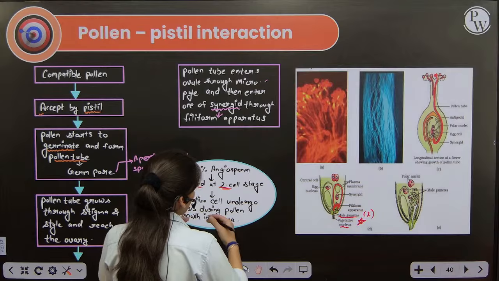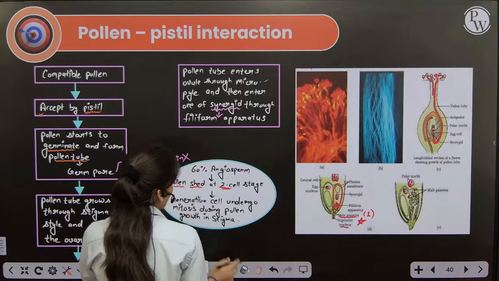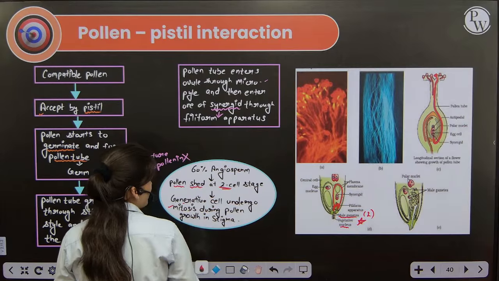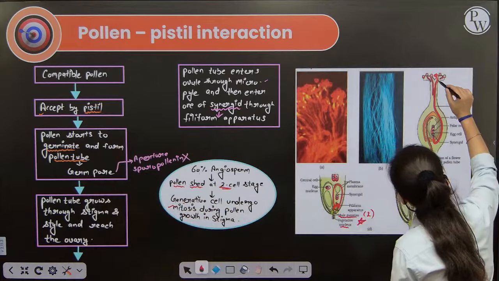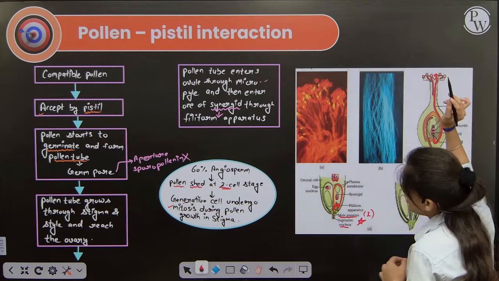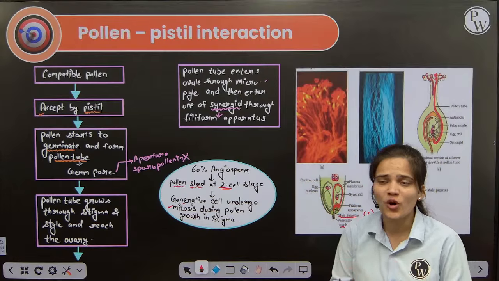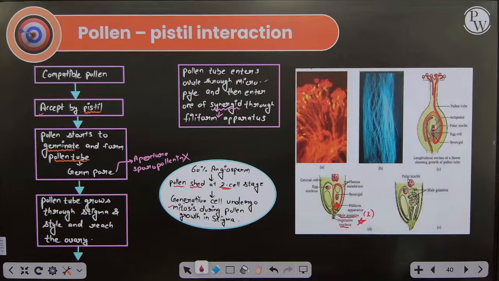Then in this case, how are two gametes formed? The generative cell undergoes mitosis during pollen tube growth in the stigma. This generative cell undergoes one mitotic division to form two male gametes. This is about pollen pistil interaction.